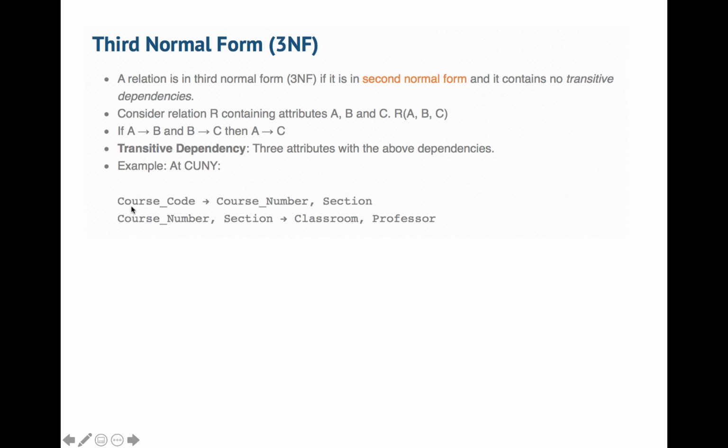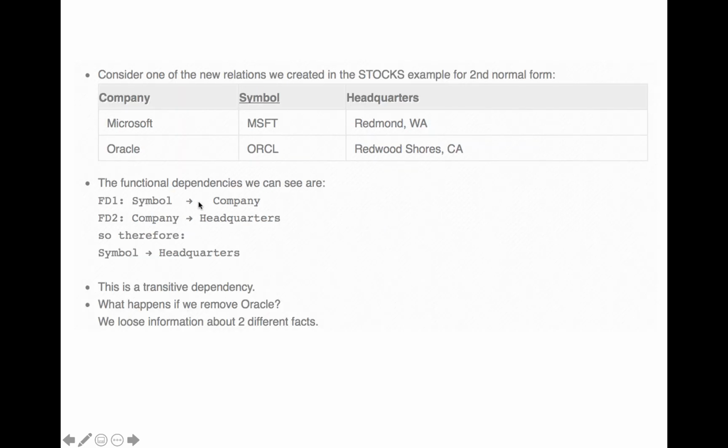For example, course code determines course number and section. Course number and section determines classroom and professor, and therefore course code determines classroom and professor. This is an example of transitive dependencies. Let's look at another example here. In the second normal form, we have company, symbol, and headquarters.